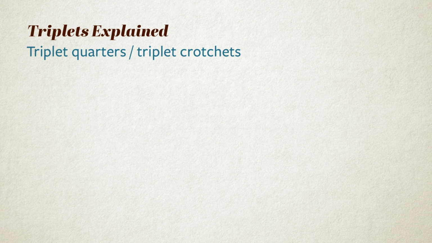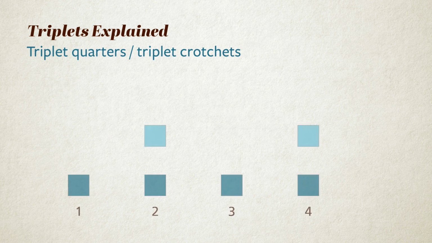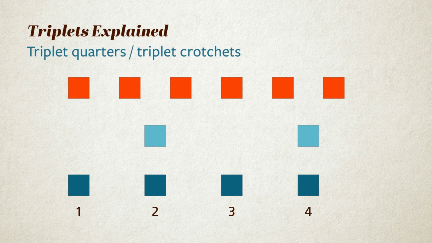Let's play 3 toms in the space of 2 crotchets. Here's the basic beat. And now here are the toms.